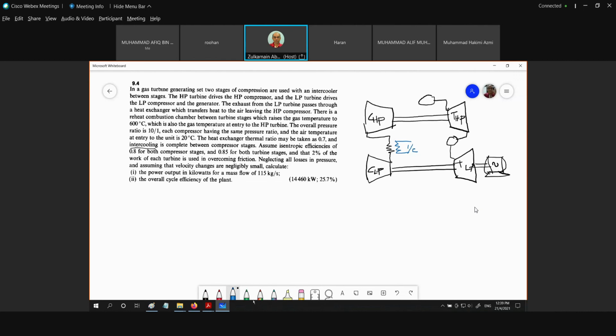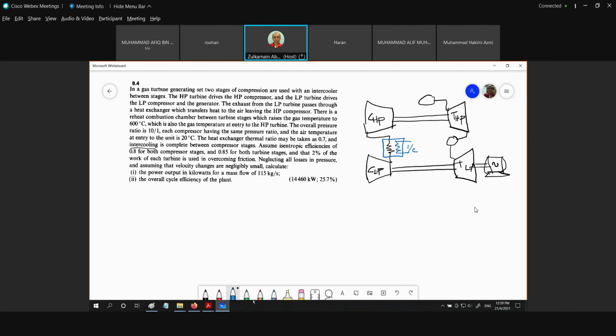And then we have to ask ourselves, is there any regenerator where the exhaust gas is used to heat up the air after exiting the high pressure compressor? So we need to ask ourselves this. Is there any reheat?